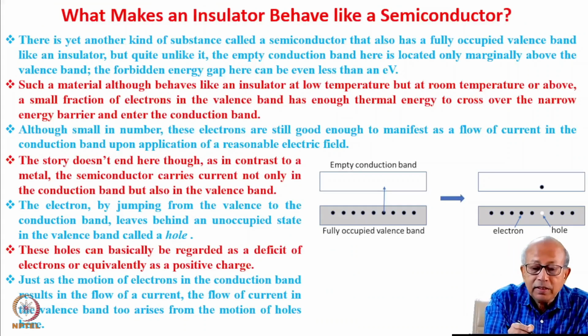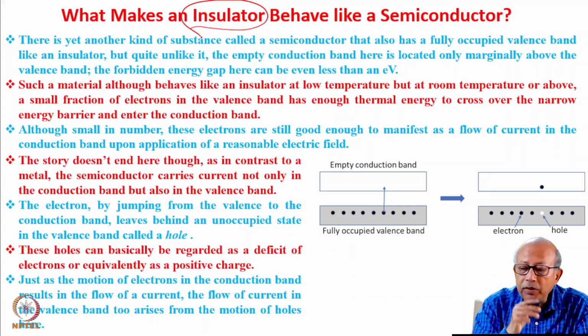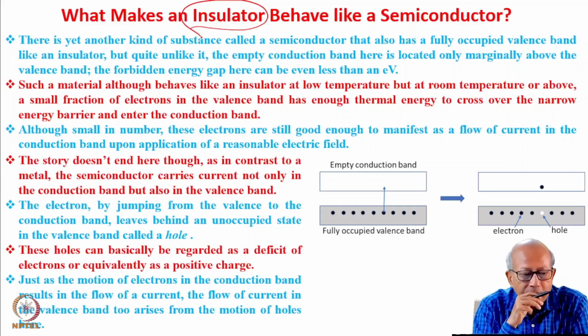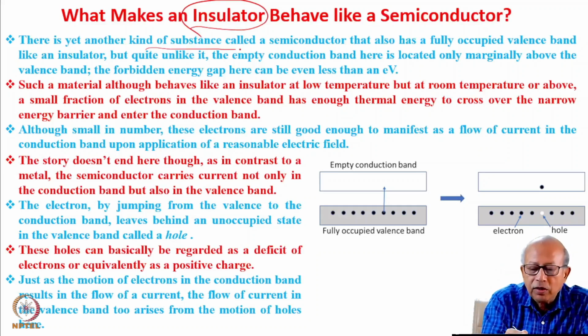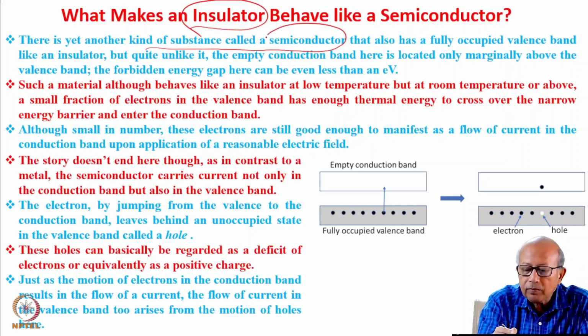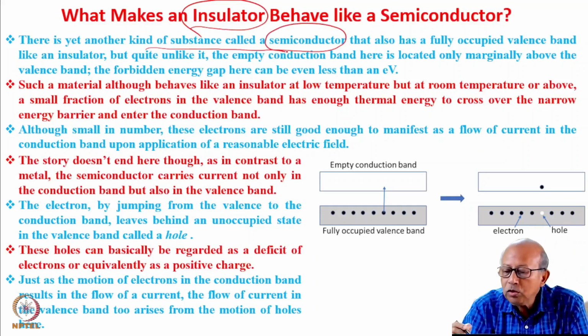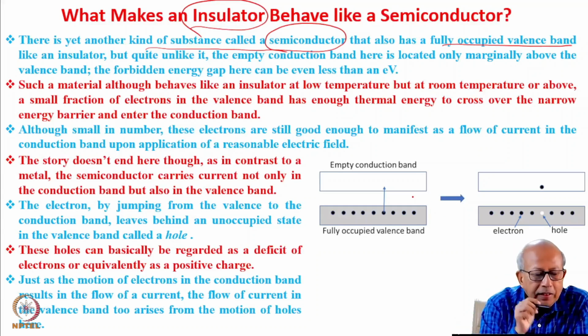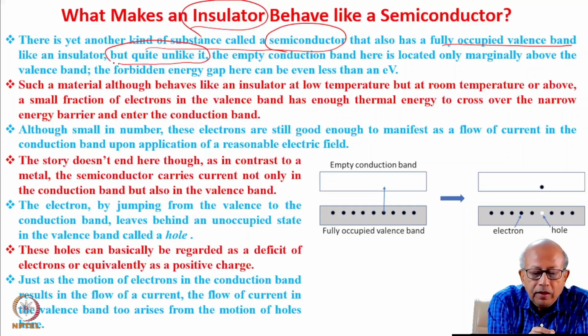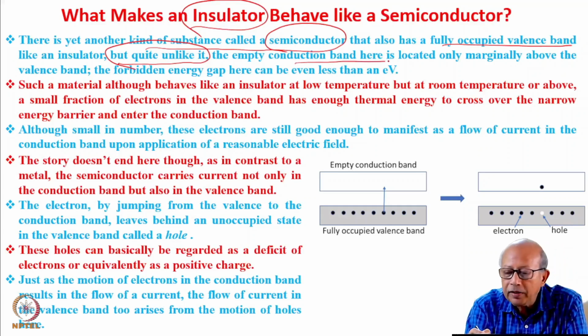Now, what makes an insulator behave like a semiconductor? You see, there is yet another kind of substance called a semiconductor that also has a fully occupied valence band like an insulator, but quite unlike it, the empty conduction band here is located only marginally above the valence band.